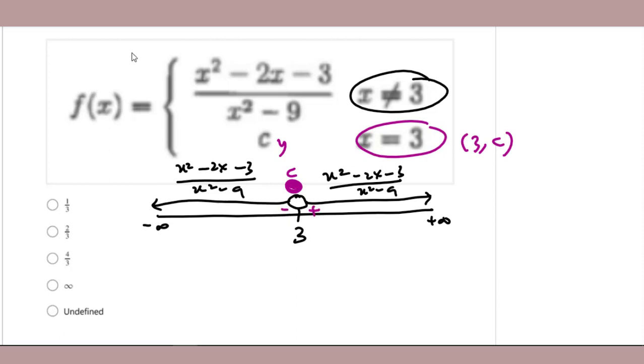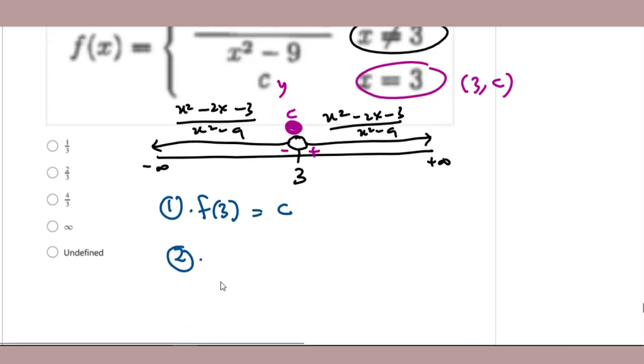Okay. First, follow the 3 steps. First step, f of 3. f of 3, just this point. The answer is c, given c. And the second step is find limit. Limit x approaches 3.